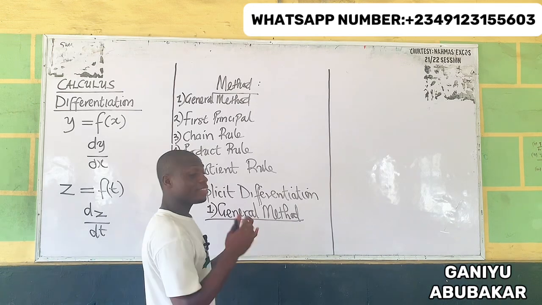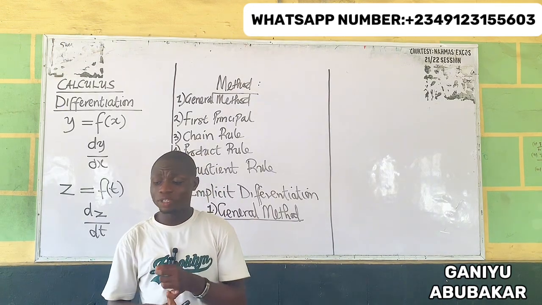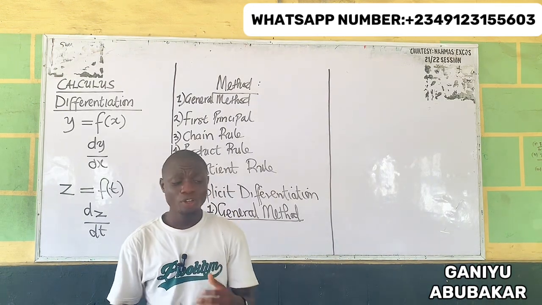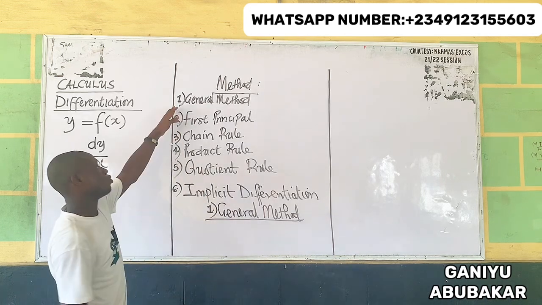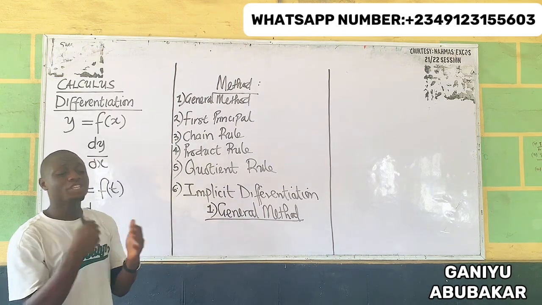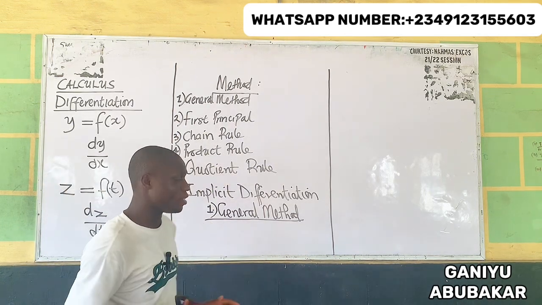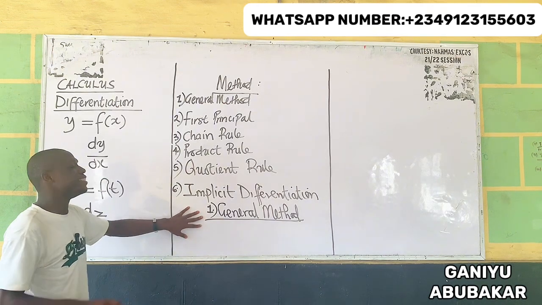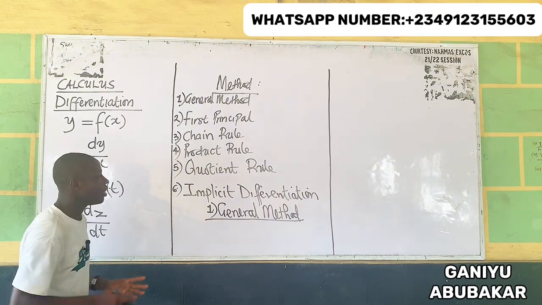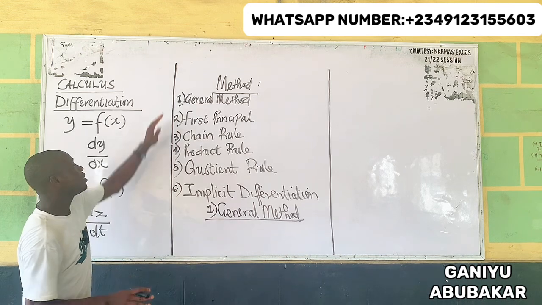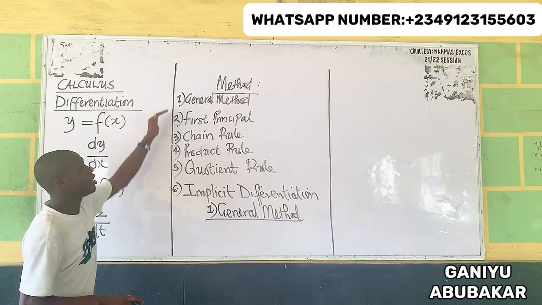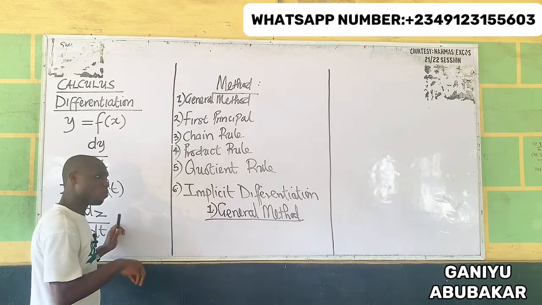I said there are 6 methods involved in differentiation. What's the first one? General method. So let's discuss how the general method works. Now listen: the general method is the easiest method ever found. Of these 6, the easiest one is the general method.